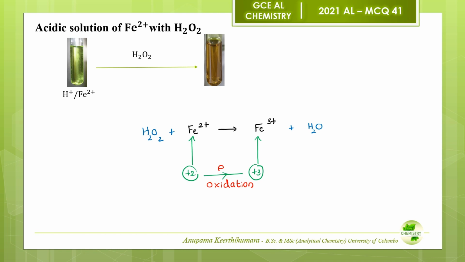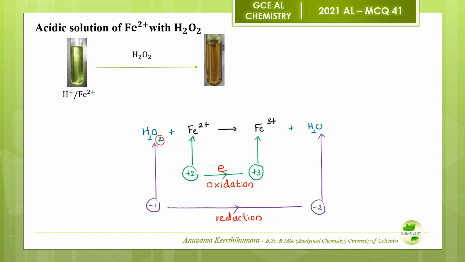Therefore, 1 electron is involved in this oxidation process. The oxidation state of oxygen in hydrogen peroxide is -1, and in the water molecule is -2. Hydrogen peroxide has 2 oxygen atoms.